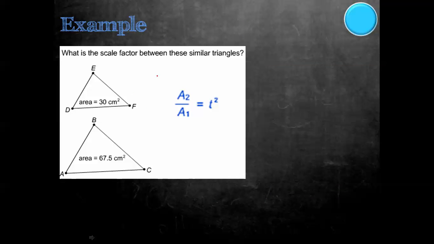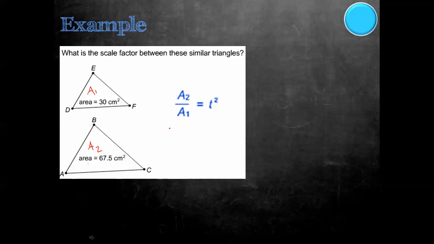So we want to find the scale factor between these two similar figures. Let's say that the smaller triangle is our original. So this is going to be our A1. And then the bigger triangle is going to be our new one, so that's going to be A2.